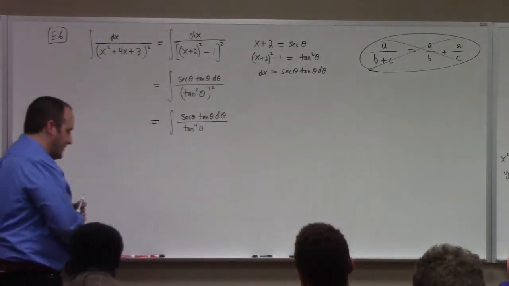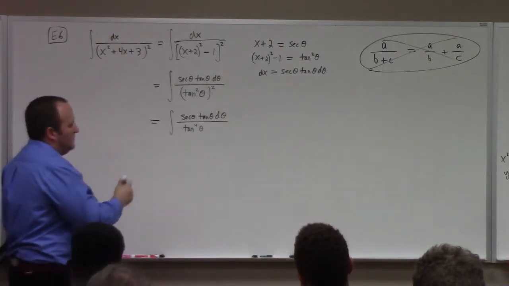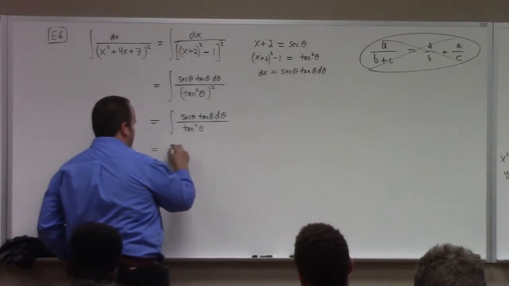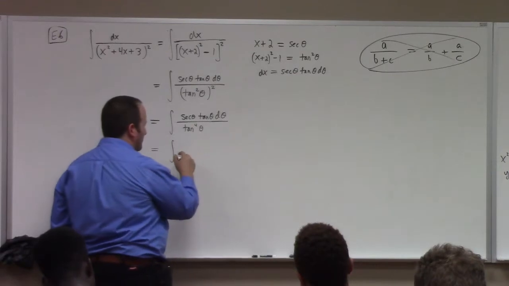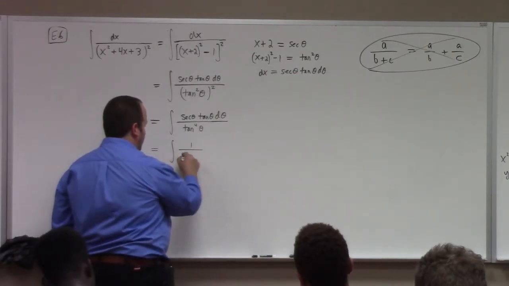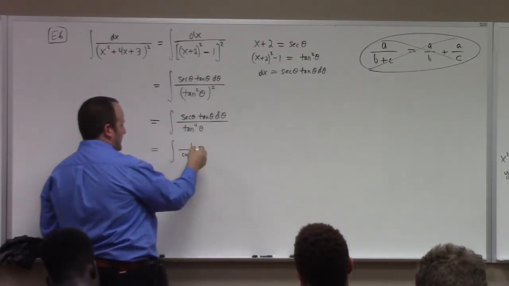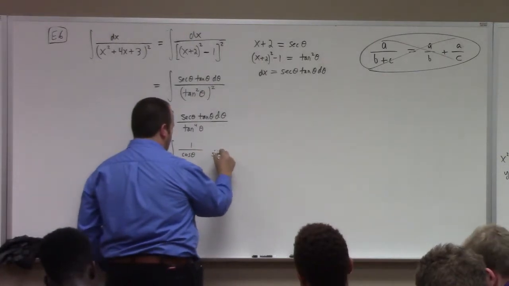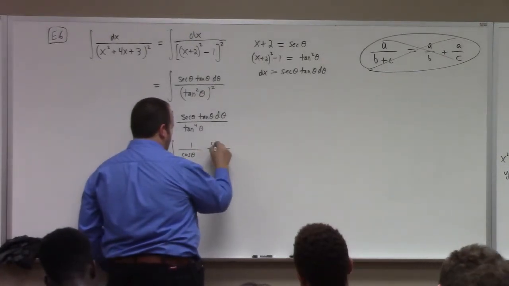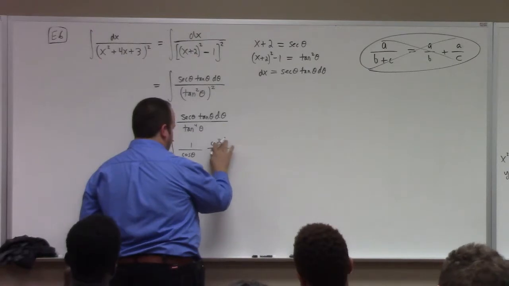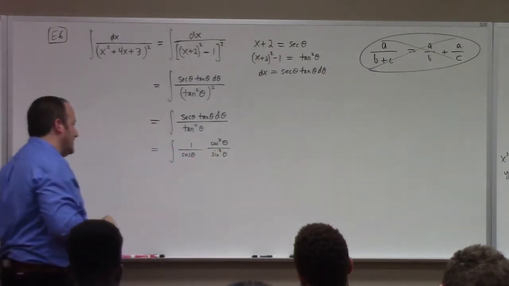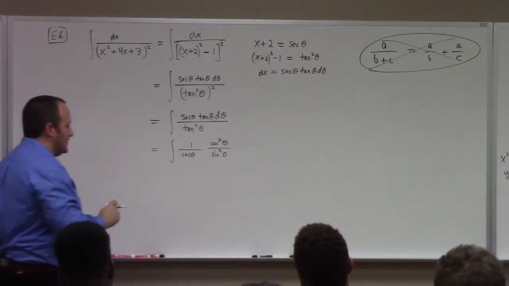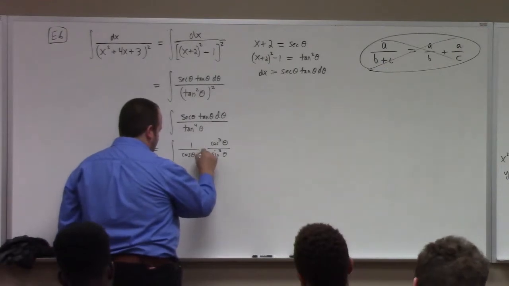It's not helping. Sometimes when I have something like this, if I'm stuck, I will convert to sines and cosines. So this is really what? 1 over cosine theta, and that's sine cubed theta over cosine cubed theta, right? I got tangent cubed downstairs, so the sine-cosine content of that is sine cubed over cosine cubed, but the denominator is really the numerator.